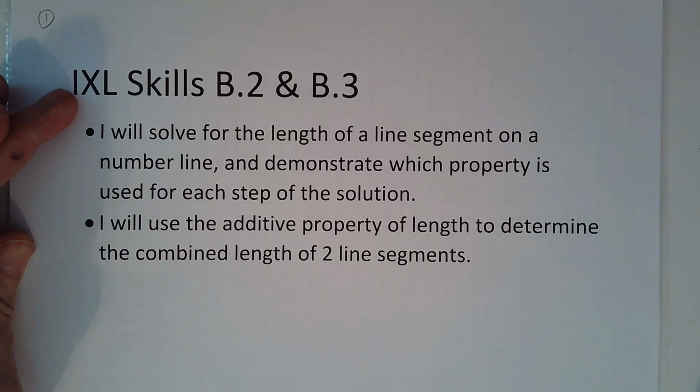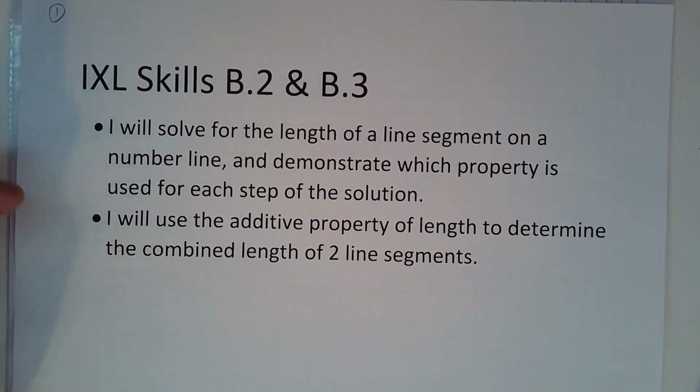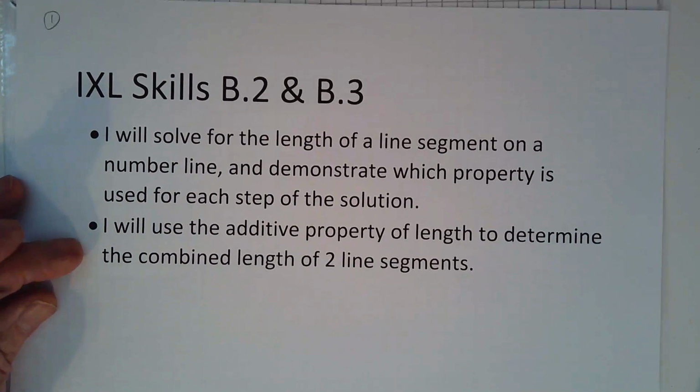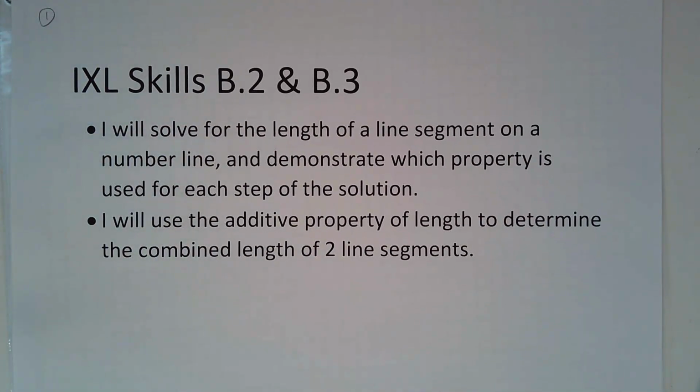You will go to subsection B, as in boy, and you will complete skill numbers 2 and 3. So this is skill number 2 in the first bullet, and the second bullet is skill number 3. So skill number 2, you will solve for the length of a line segment on a number line and demonstrate which property is used for each step of the solution.